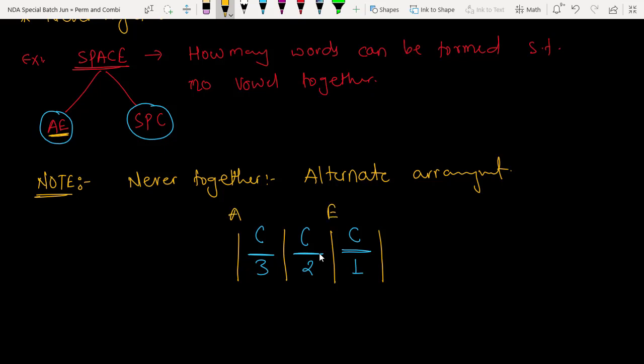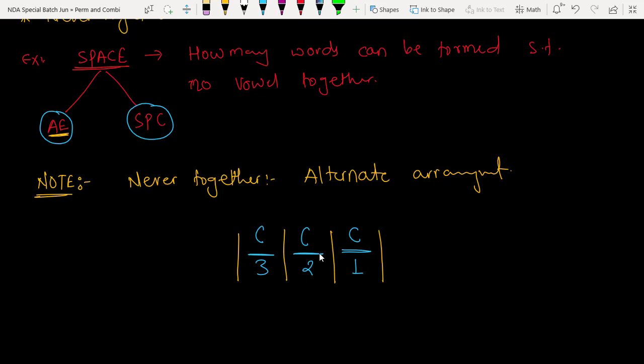Are A and E together? No sir. यहाँ पे A डालो और यहाँ पे E डालो. Are A and E together? No. So A and E not together means what? There should be at least 1 consonant between them. So A यहाँ पे आ गया, E यहाँ पे आ गया. कुछ भी permutation करो इसका, now you will not get A and E together. Is this okay to all?